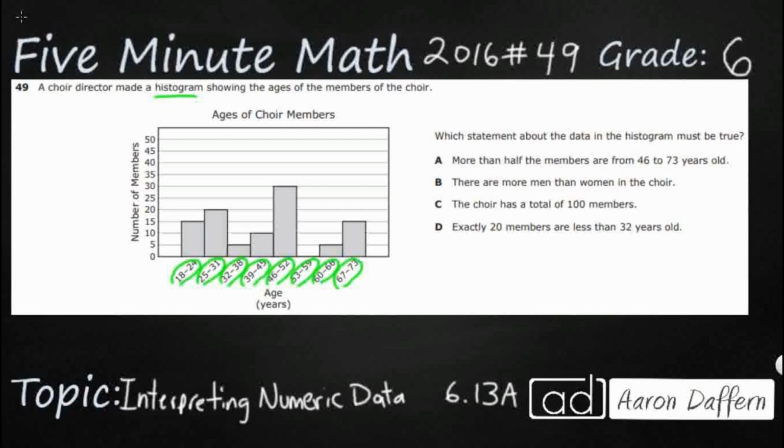So for example, if you wanted to find the number 22, it would go inside that 18 to 24 bucket. If you wanted to find the number 70, it would go inside this bucket. But beyond that, it acts very much like a bar graph.